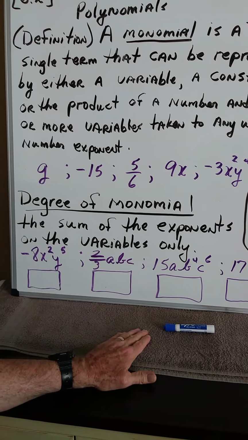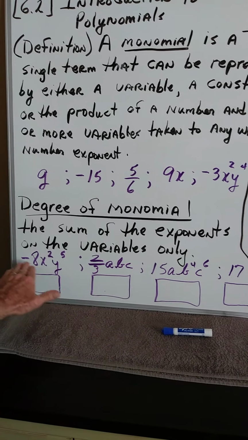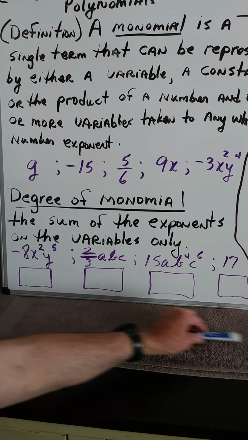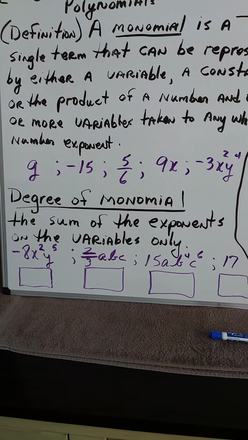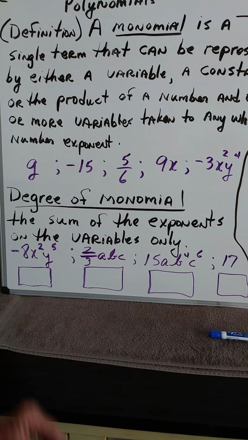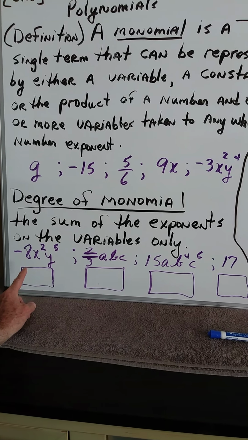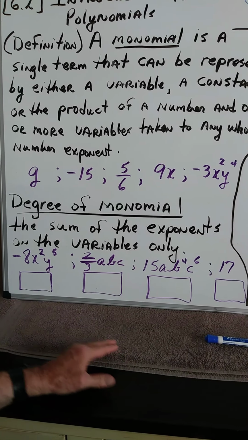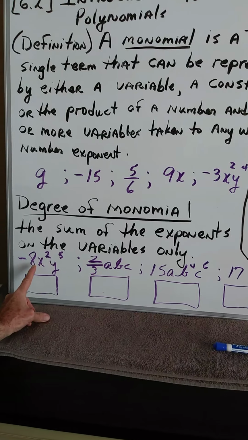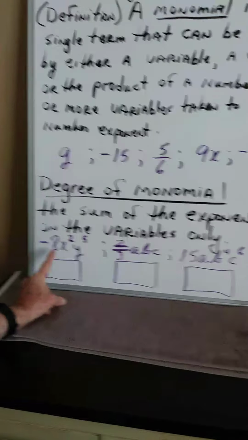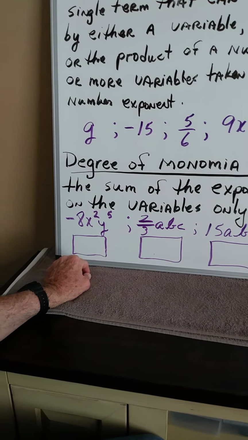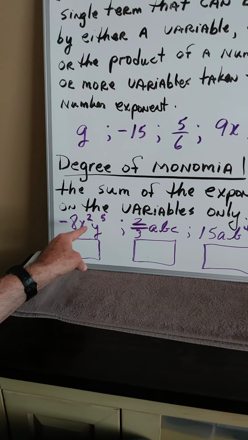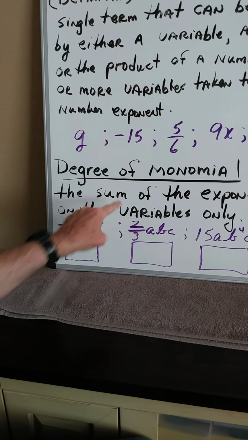On the variables only. Now I have 4 different monomials right down here at the bottom of this whiteboard, and you can see the boxes below each one of the 4. We're going to identify the degree for each one of these monomials. We're going to start with this one right here. The degree of a monomial is found by taking the exponents on the variables only and adding them up.